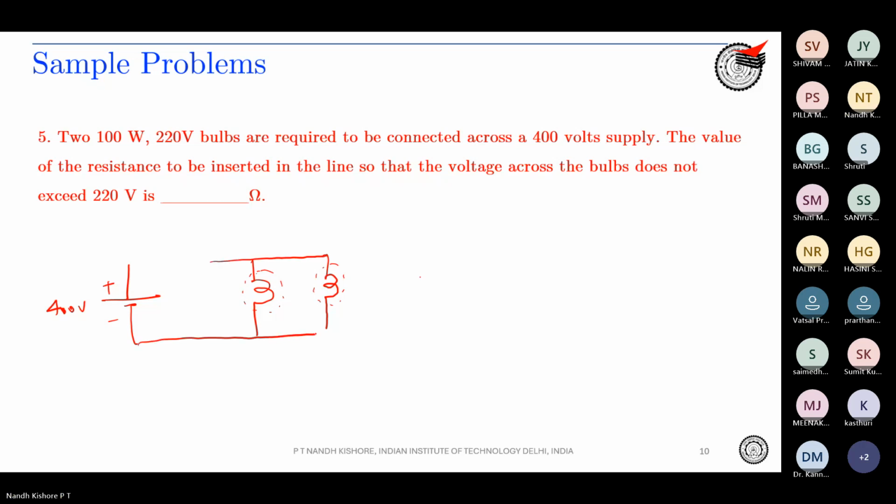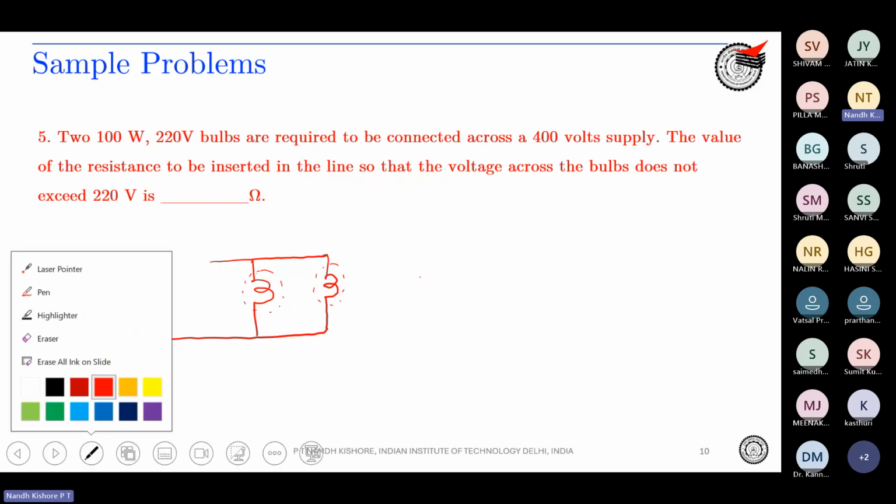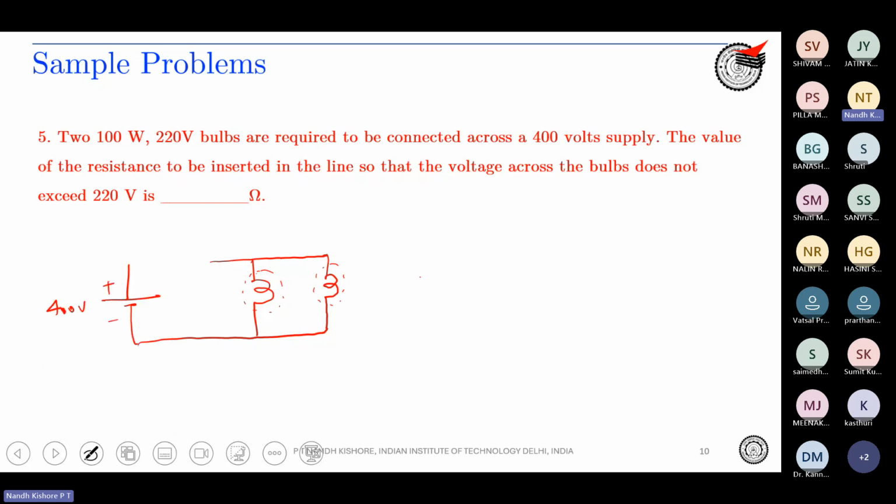The resistance is to be inserted in the line so that voltage does not exceed 220 volts, which means that apparently there is some resistance that you need to insert in the line. And what is this resistance going to do? This resistance actually makes sure that the voltage across your bulb is not going to exceed 220 volts.